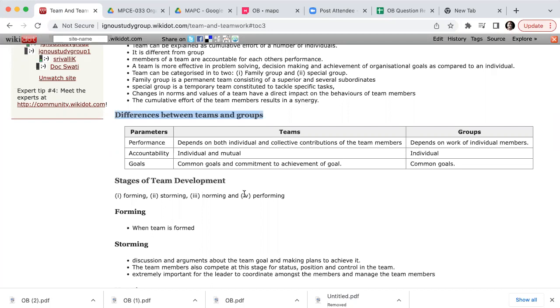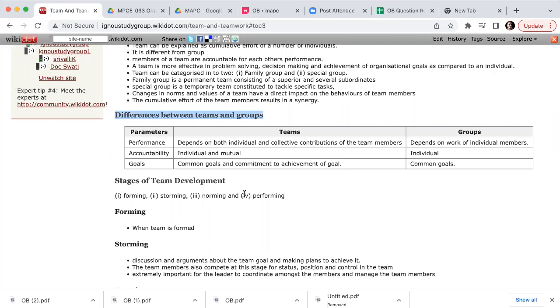In the case of a group, there are no explicit expectations, right? So both individual and collective contributions would happen. When it comes to a team, there is a commitment, which is the main part that needs to be underlined, and the expectation is individual and also mutual. So you do have expectations here, right? That is the main difference between team and group.